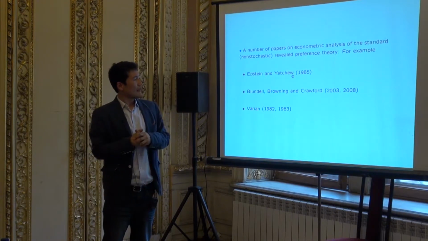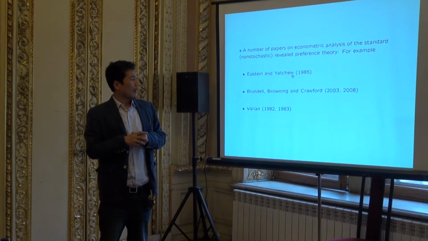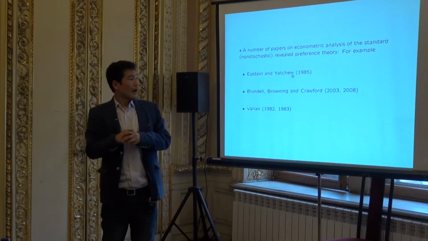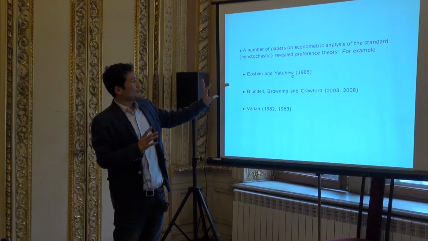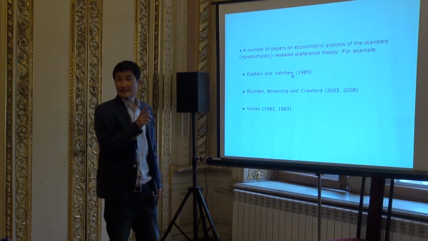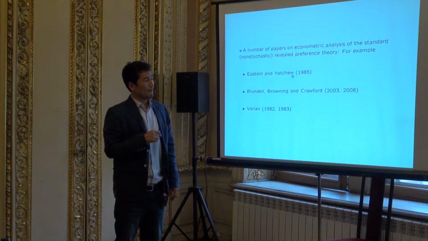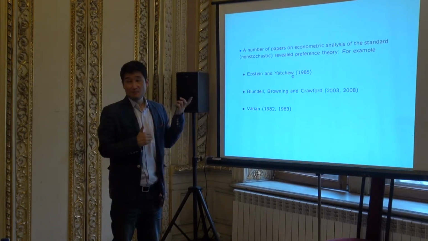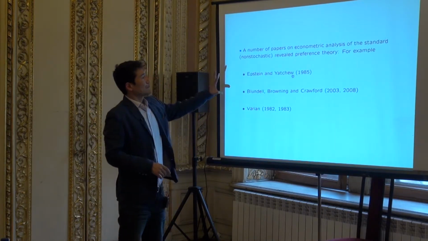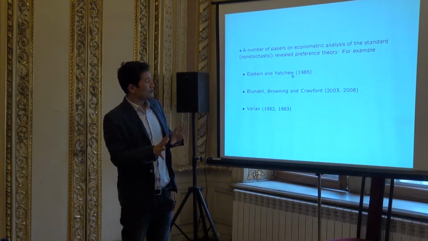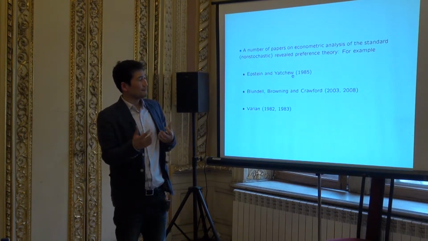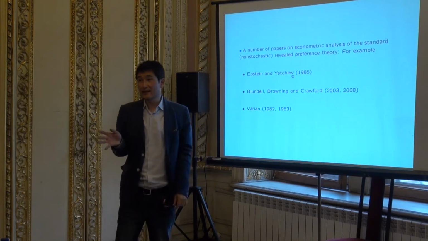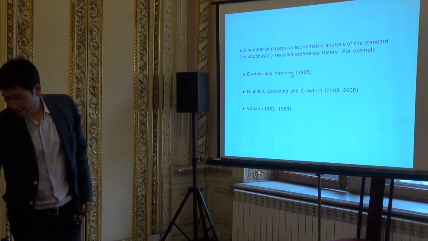And then there's this very important series of papers by Blundell, Browning, and Crawford. They carefully implement their work, and indeed the data set I'm using, we just borrowed from these people. But even though they are very careful about the interpretation of what uncertainty is, basically the theory is still standard revealed preference theory.